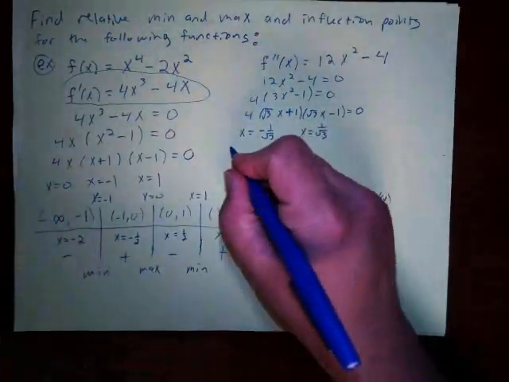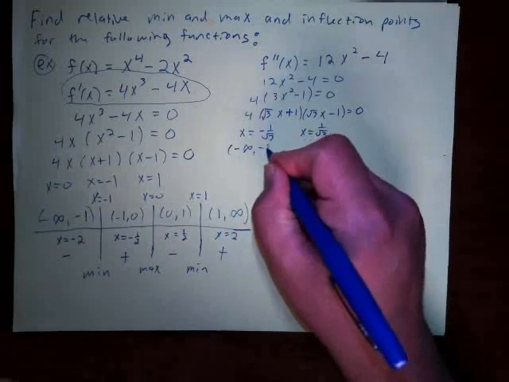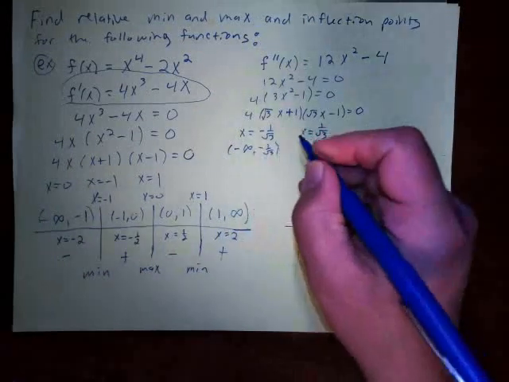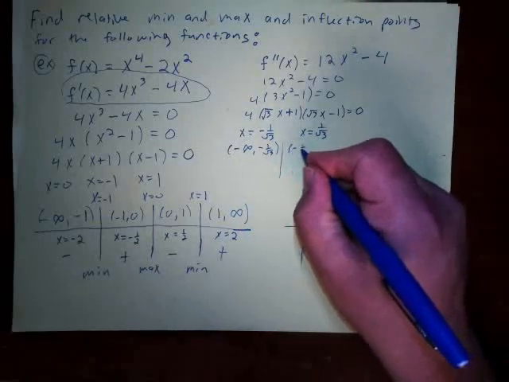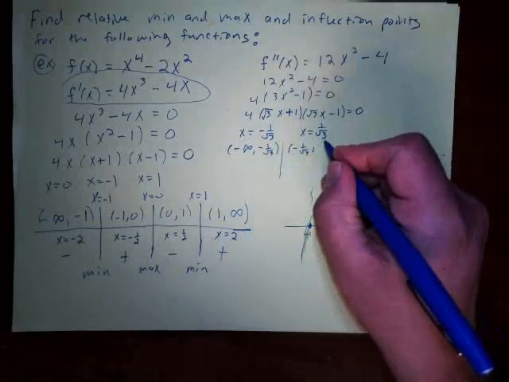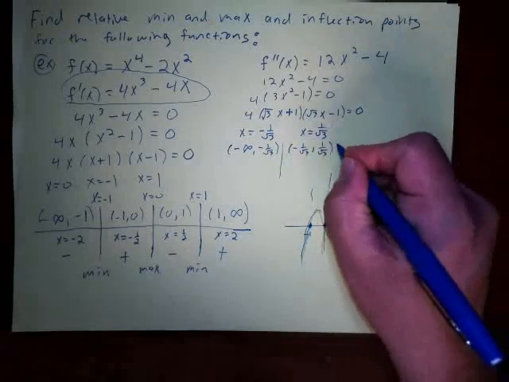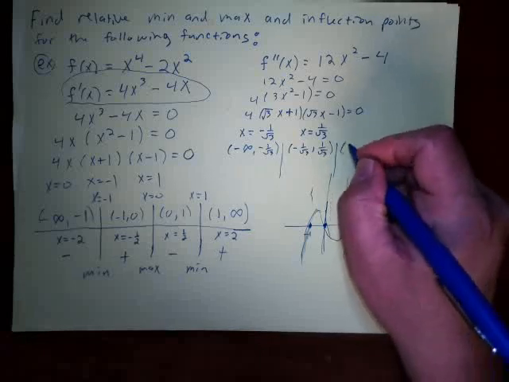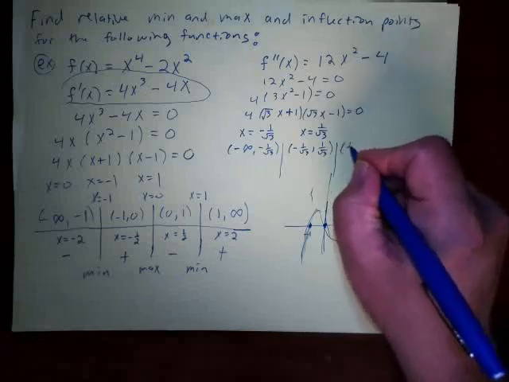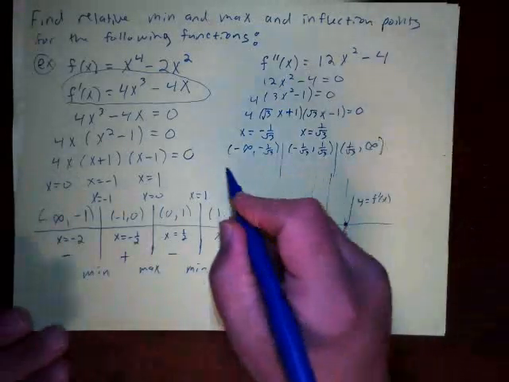So I'm going to make myself a little table. This would be negative infinity to negative 1 over the square root of 3. And then I would have negative 1 over the square root of 3 to positive 1 over the square root of 3. And then I would have 1 over the square root of 3 to infinity. Look like that.